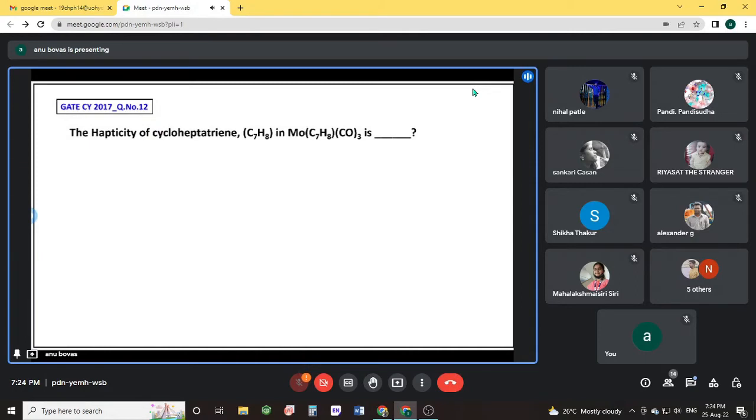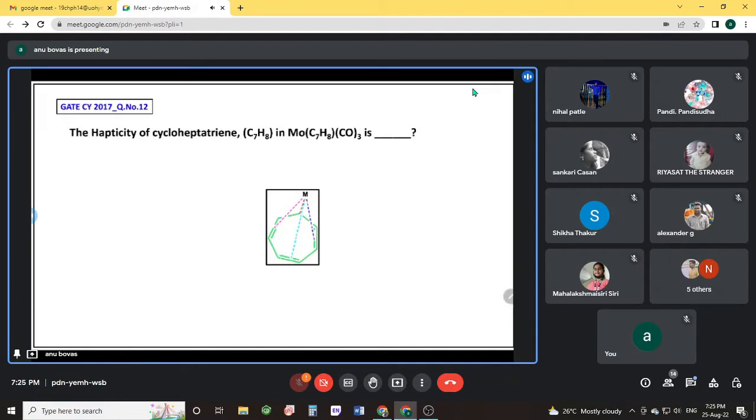The first question is from 2017, question number 12. The hapticity of cycloheptatriene C7H8 in MoC7H8(CO)3 is... So this also can be calculated from the 18 electron rule. This is the structure of C7H8.